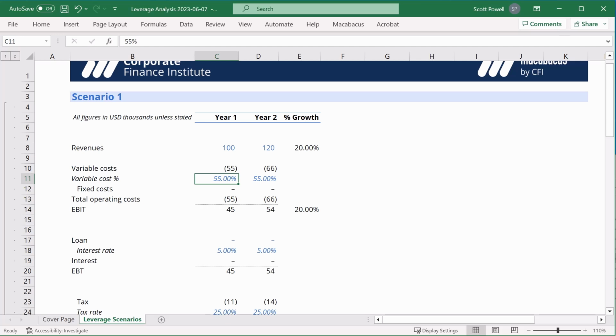And so as our revenues go from 100 to 120, our expenses are also increasing. The growth of revenues, which is just the formula that you see here, year 2 minus year 1 divided by year 1, means that our earnings before interest and tax only grows by 20% because all costs are variable.